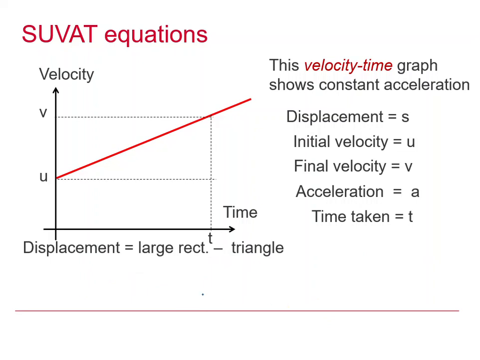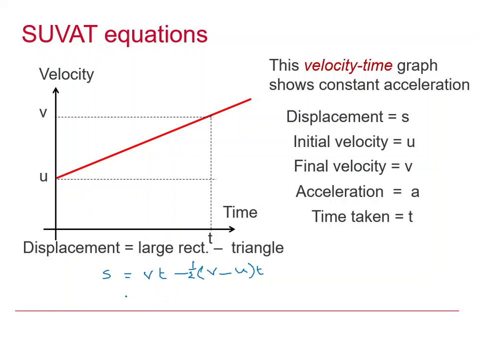Now let's look at it again, this time by taking the larger rectangle and subtracting the triangle. So in this case, the larger rectangle will tell us that s is equal to vt, this time minus, and then again we'll have v minus u times t, and then it will be times a half.